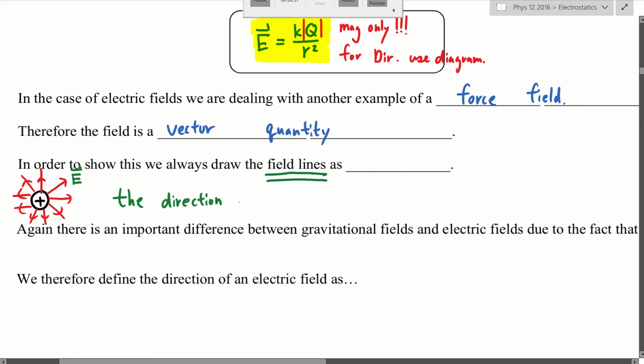So physically, it does represent something. It's the direction that a positive test charge would move in the field.